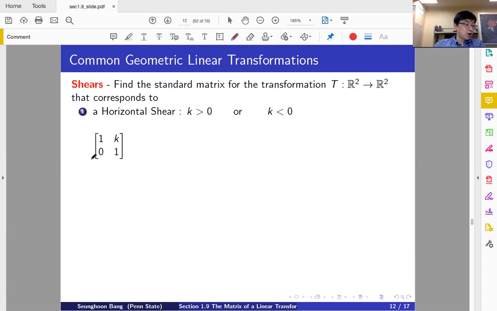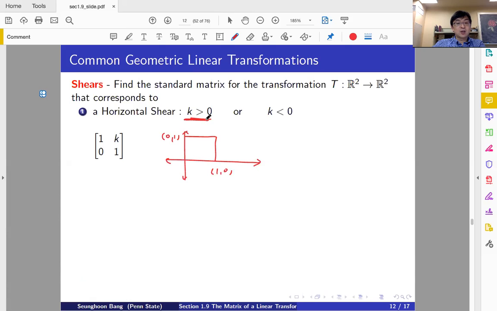We have this result, the y is the same. What is horizontal shear? The meaning is like this. We have the basic square. This is (1, 0), this is (0, 1).